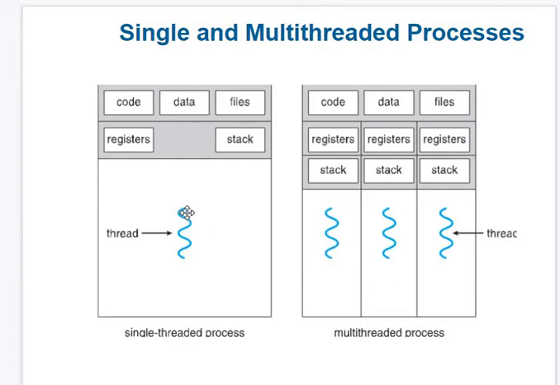Now the question: what resources do we have to reserve for each thread? A thread means it's an execution. It should have its registers for participant values or variables, and also resultant variables where we should store the results.